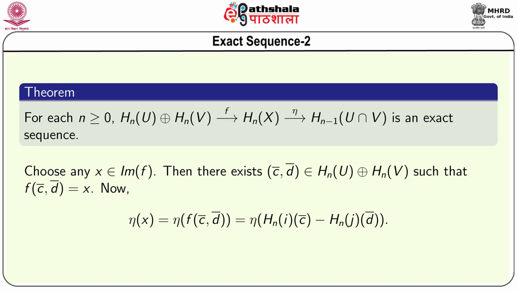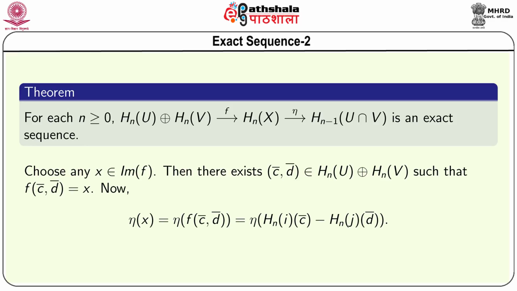This piece of argument is utilized very frequently in what follows next. We want to establish that the sequence of groups and homomorphisms as written here, that is H_n(U) ⊕ H_n(V) to H_n(X) by a map F, and H_n(X) to H_{n-1}(U ∩ V) by a map eta, is exact.